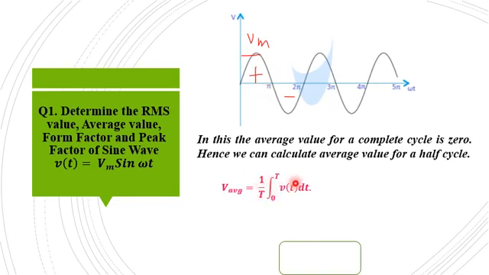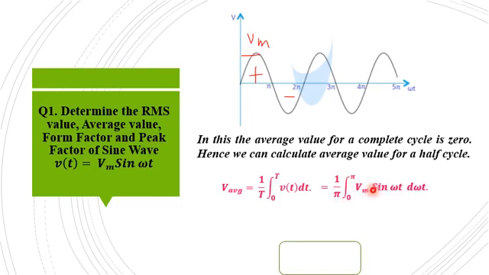So we can write 1 by pi integral 0 to pi, where v of t is Vm sin omega t. Then what about the variable of integration? Here we can see that in the x-axis we are plotting omega t. So we need to integrate with respect to d omega t since our limits are all values of omega t.